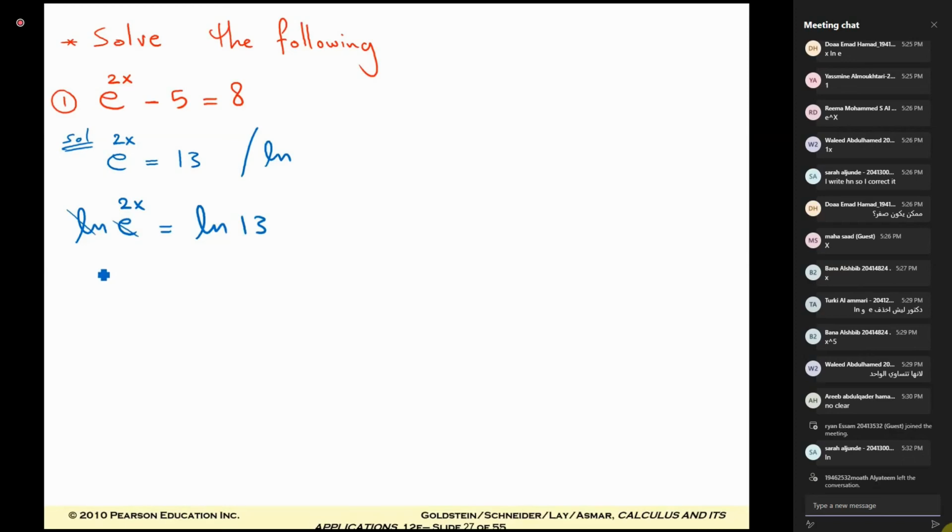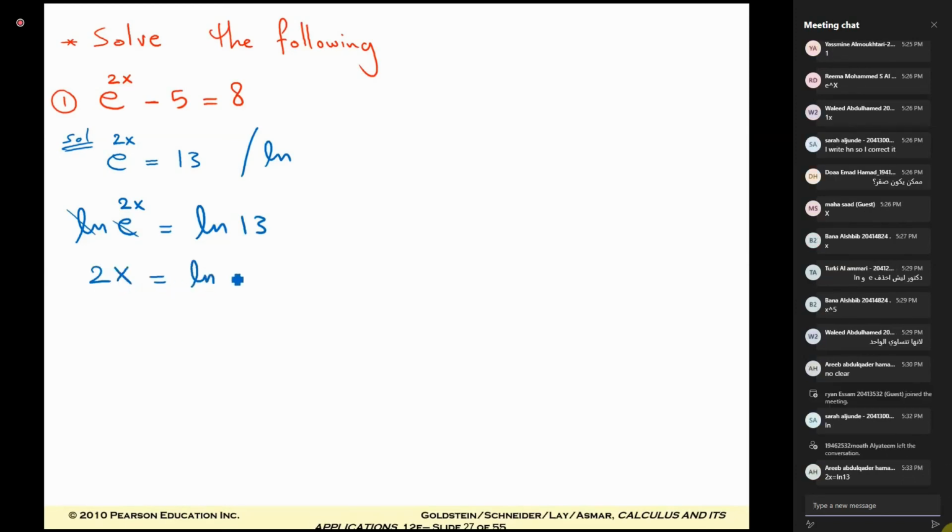So we have 2x equals ln 13. Divide by 2. So we have x equal what? ln 13 over 2. This is the value of x.